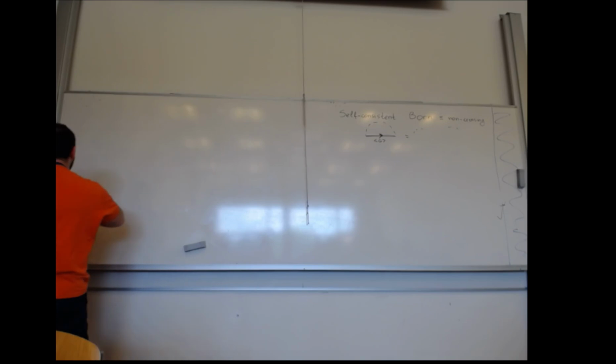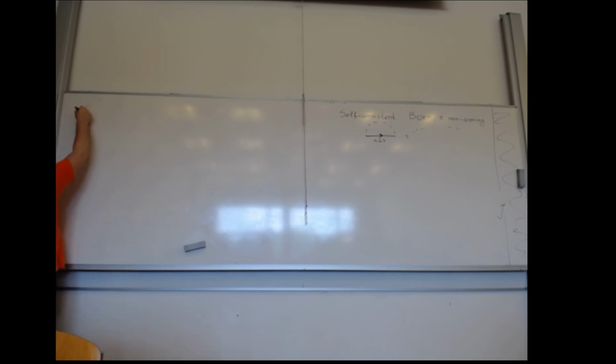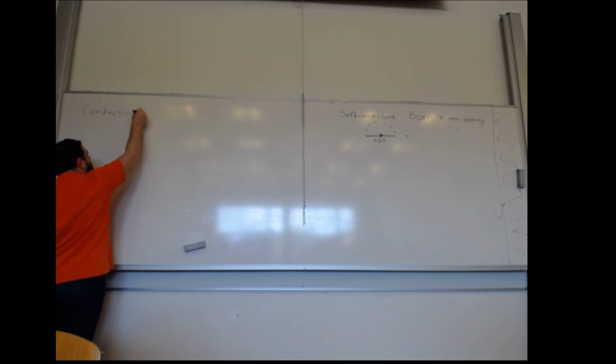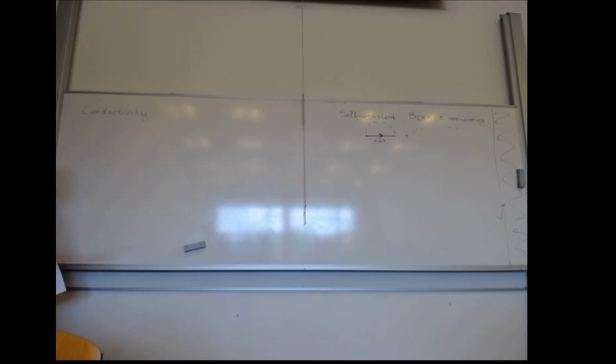The next thing is conductivity. Conductivity is also a very nice quantity that can be measured and computed, and hence it can be described with a Kubo formula.